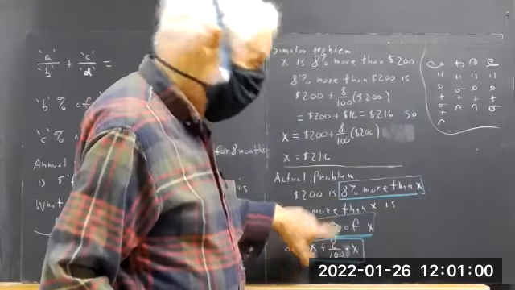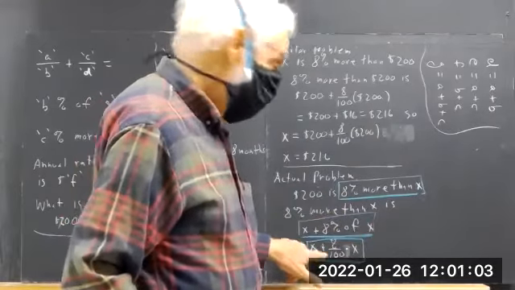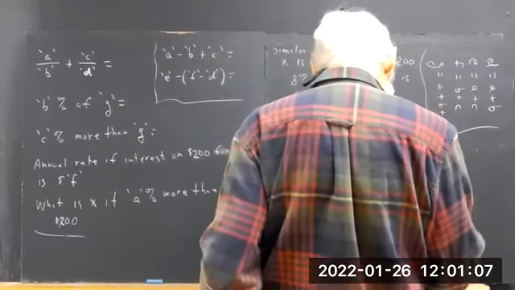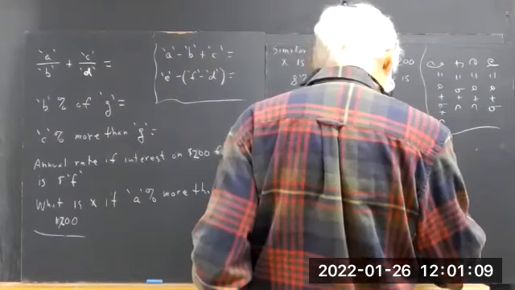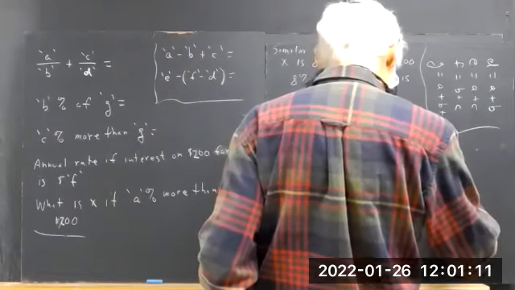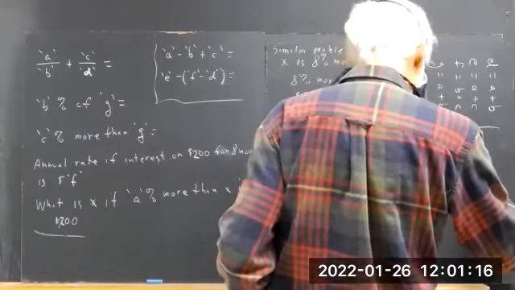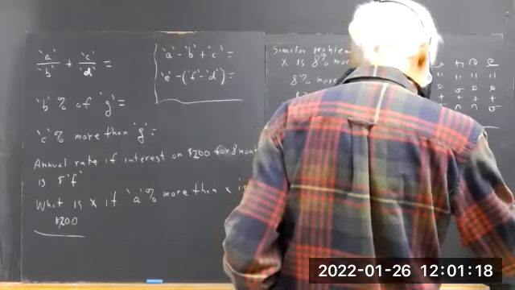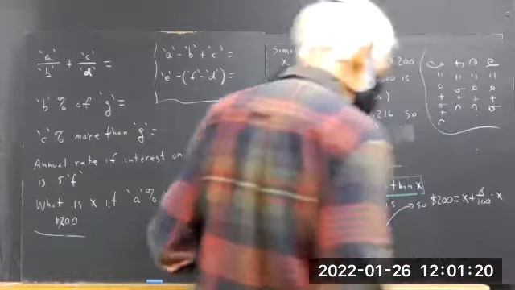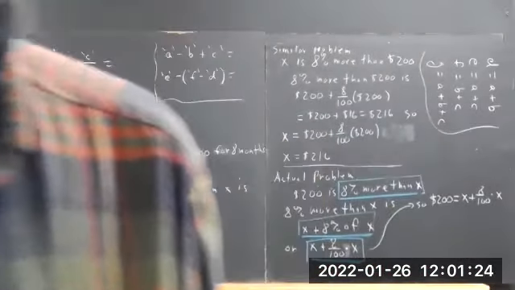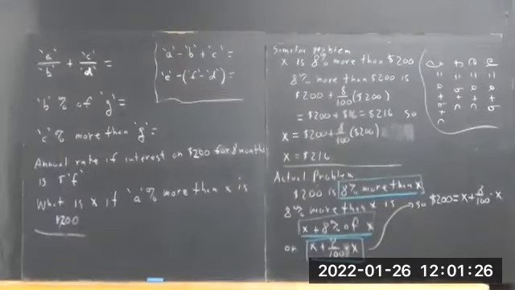Here it is, 8% more than X. So now we can write $200 equals X plus 8 over 100 times X. Okay? So we've written an equation.